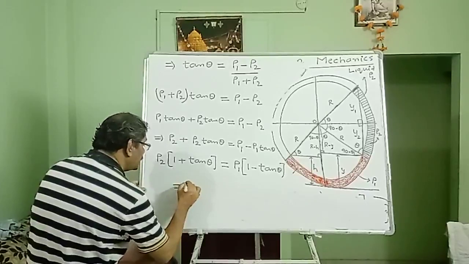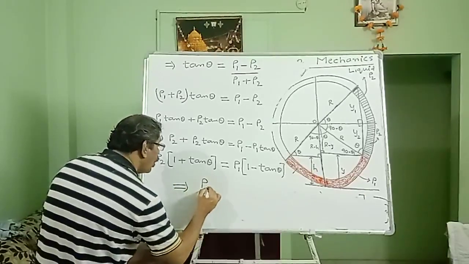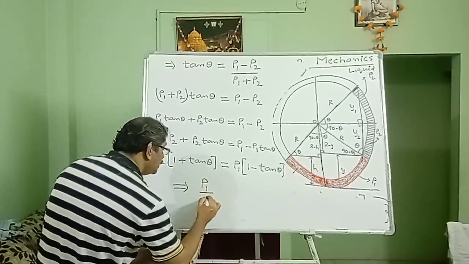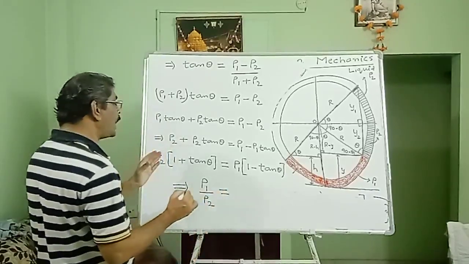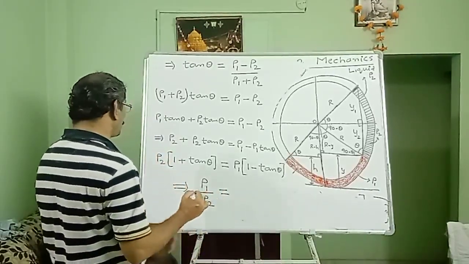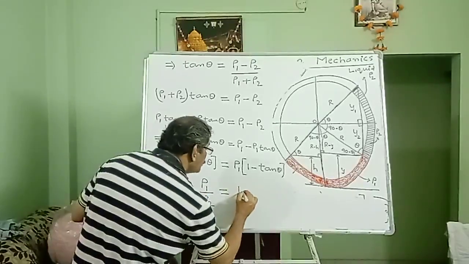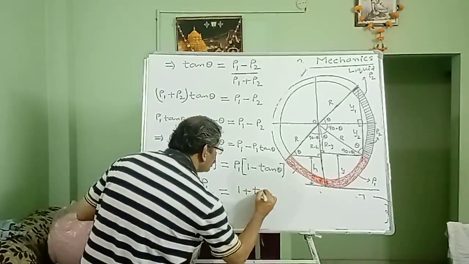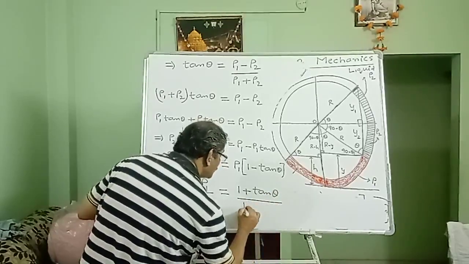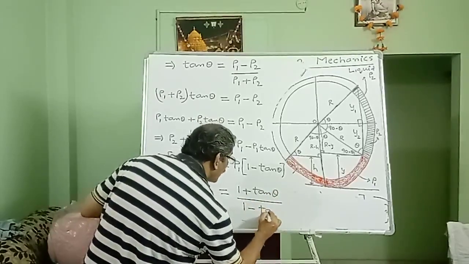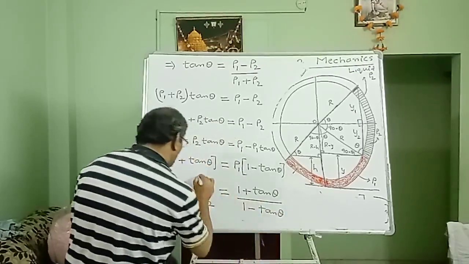That's the reason why the ratio of the densities of the two liquids, rho 1 divided by rho 2, will be numerically equal to 1 plus tan theta divided by 1 minus tan theta.